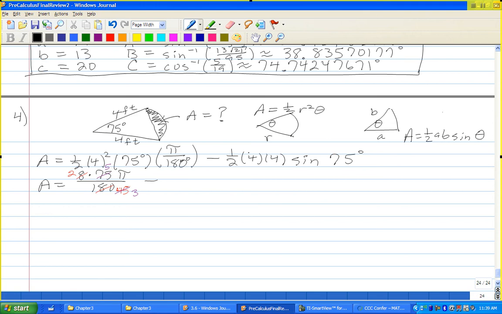Minus. These cancel. So you get 8 sine 75 degrees. So this is going to equal 10 pi over 3. Let me just check. 8 times 75.